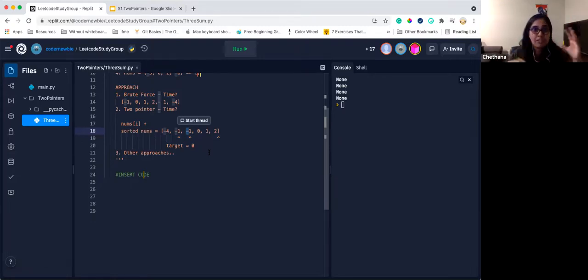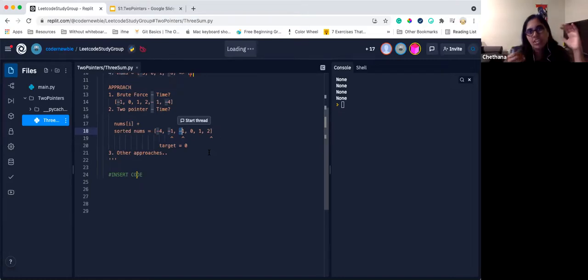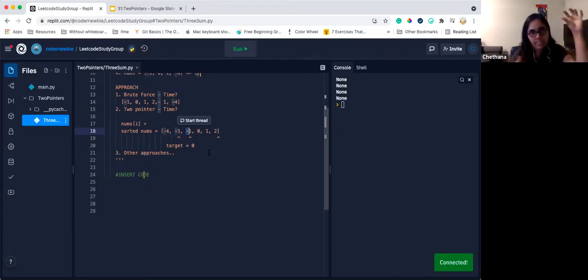That movement itself is like a loop. For the ith element, you're going to check the left and right pointers. So O of n there and O of n here, nested loops, so O of n squared. That is going to be your time complexity.